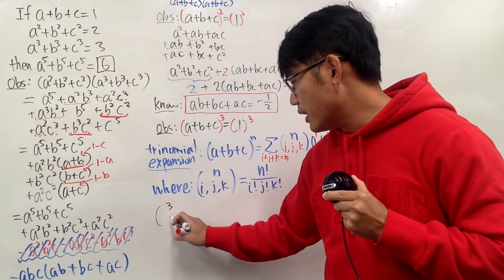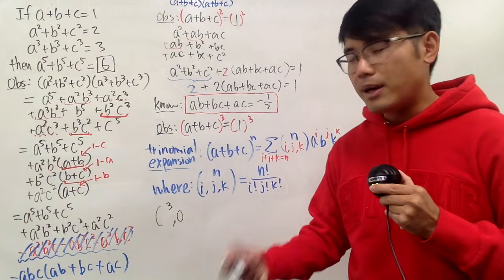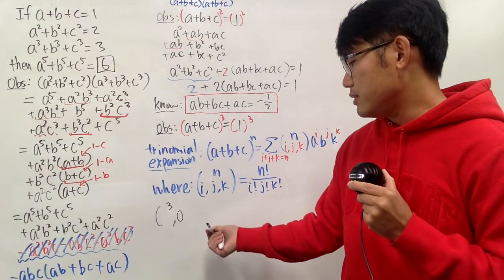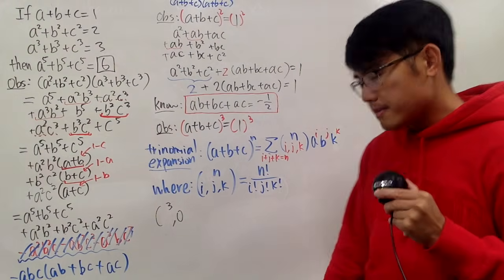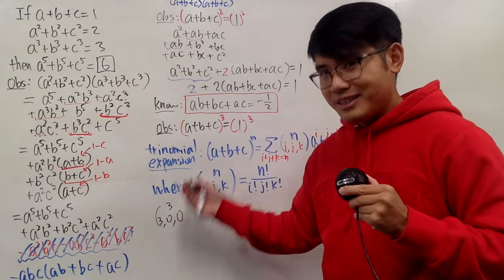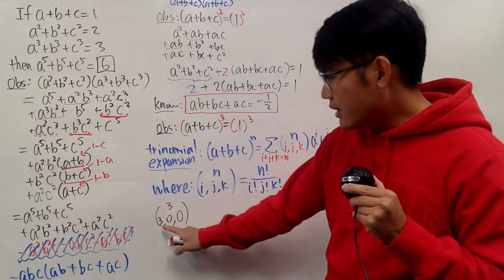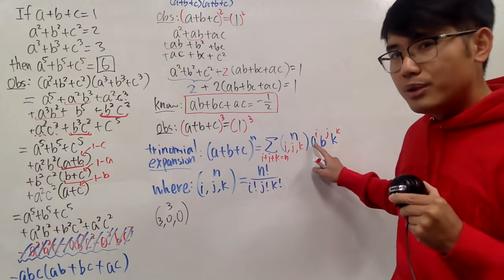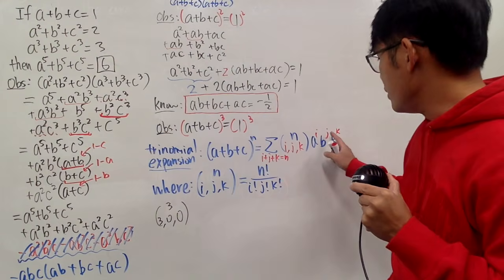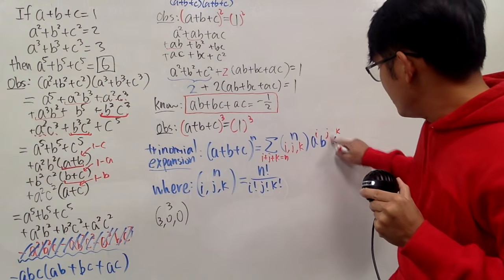So we have 3, and you have 0 here. And now you have just i and j. You have to think about what plus what is equal to 3. Plus 0 is going to be 3. So you can do it as 3, 0, 0. This is the first one. When you put this down, this tells you the power for the A, and this tells you the power for the B, and this tells you the power for the, no, I still put it down wrong.